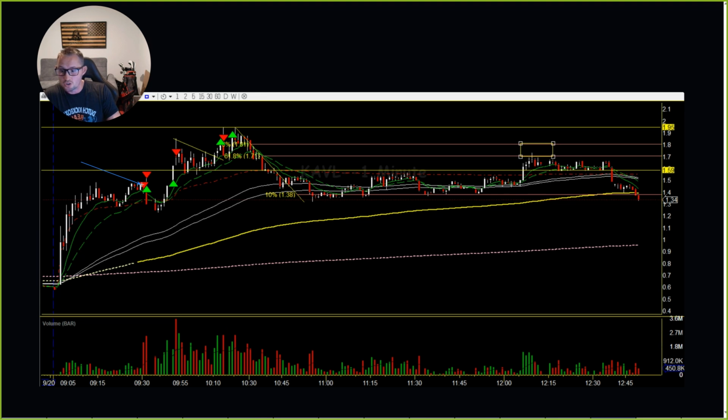At the open, it still had quite a bit of shares. It was also SSR, short sale restriction, which means you can only trade on the ask.